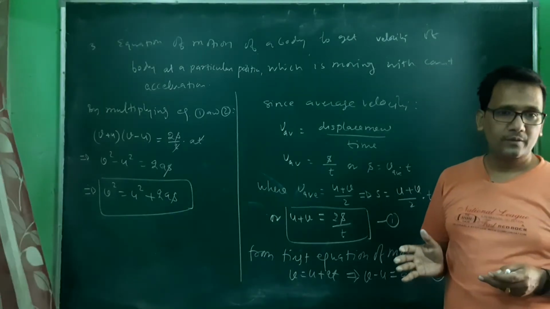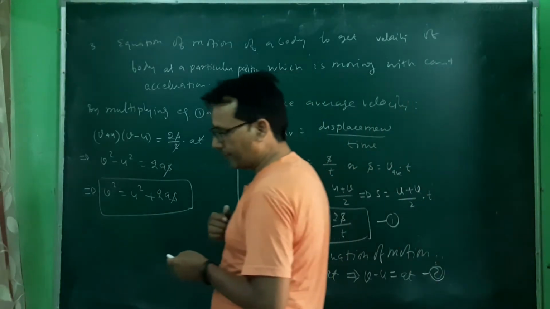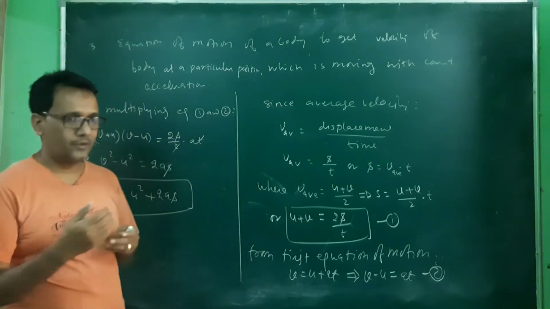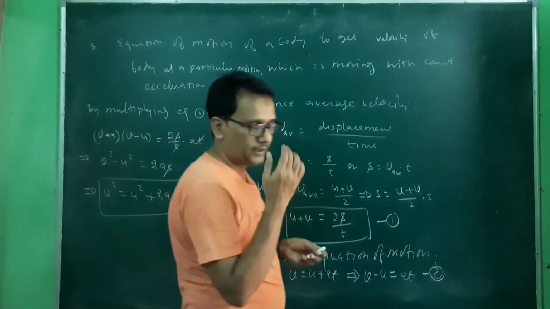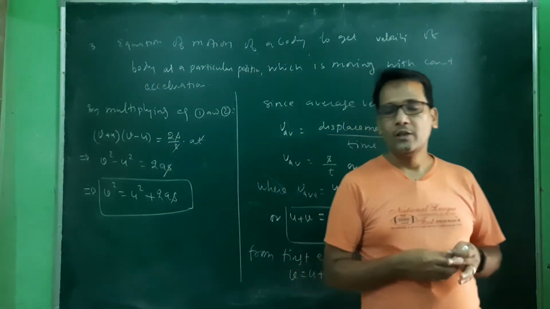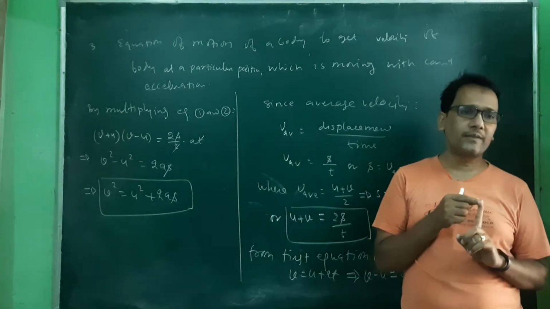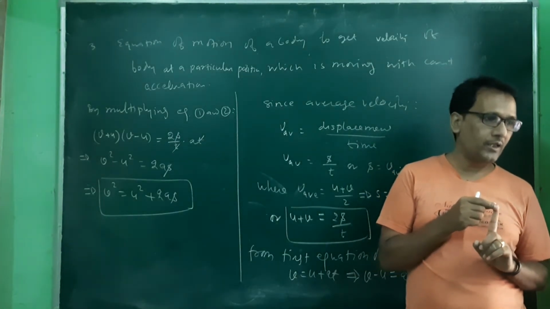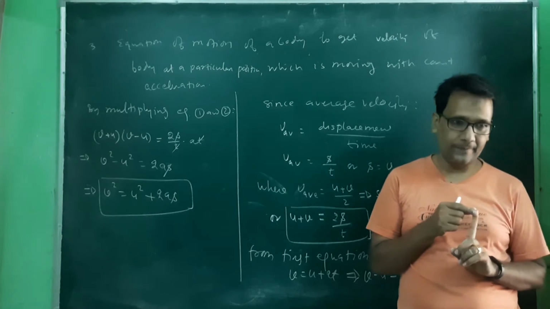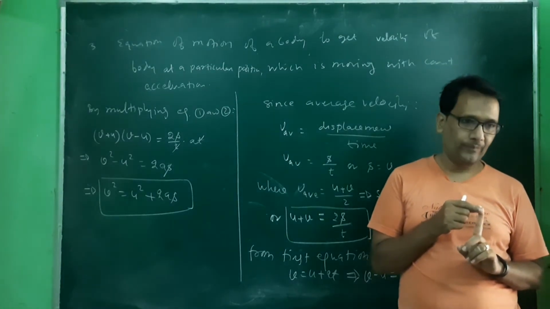Okay, simple. So the derivation is not difficult, just using different definitions of either average velocity or average acceleration. In the first equation we use the definition of average acceleration and calculate it for v.